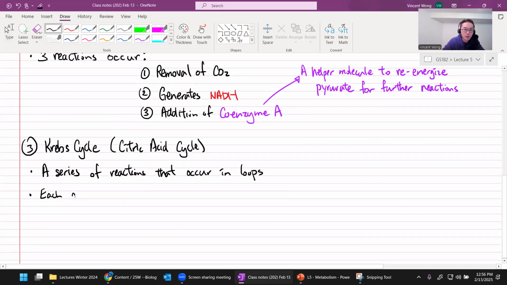Each glucose molecule goes through the Krebs cycle twice. I'll show you why.